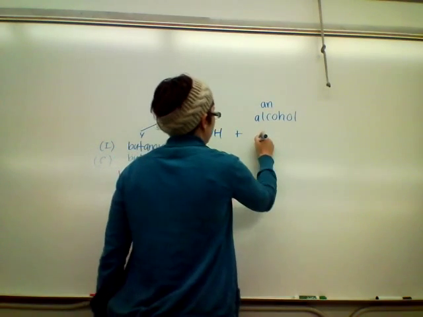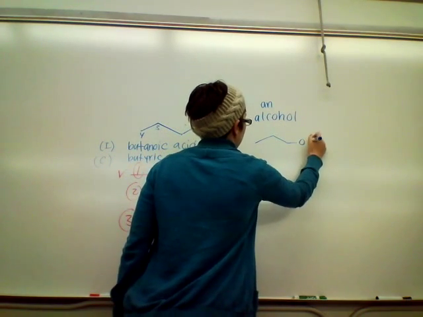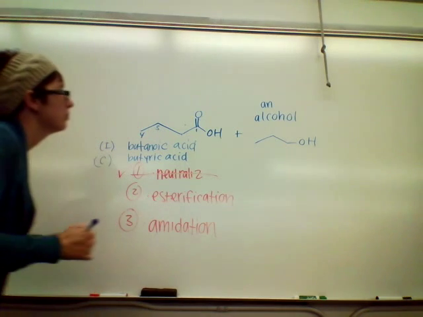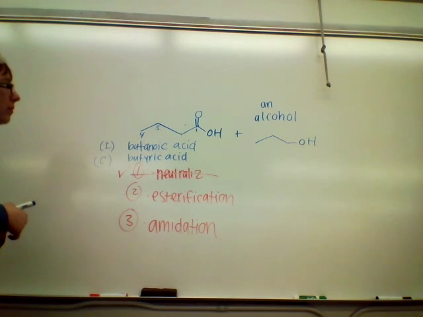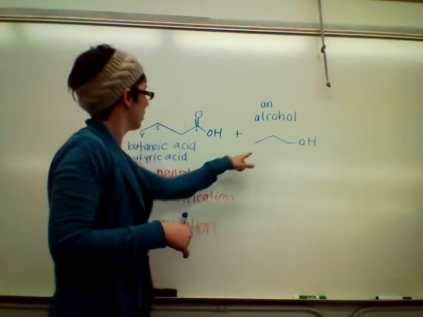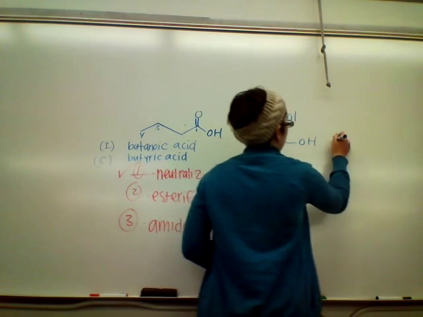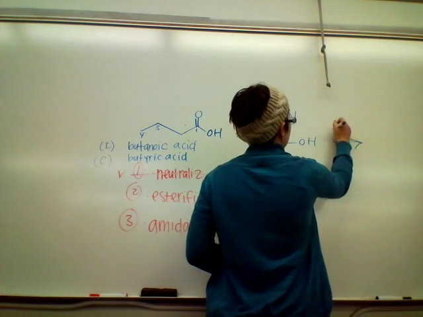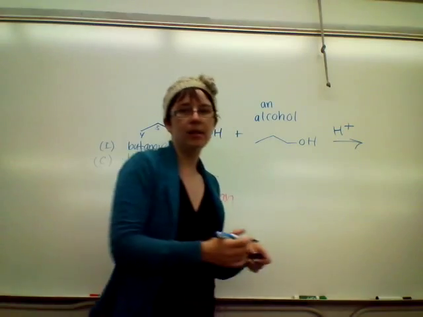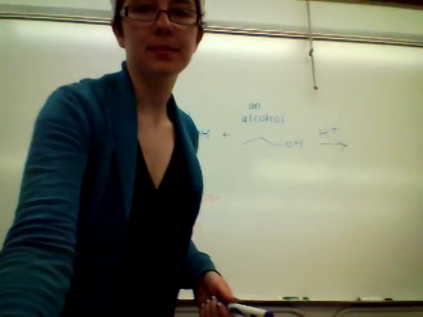I'll use propanol for this. So for this, what's happening is, again, you're going to be making water. And the catalyst for esterification is acid, presence of acid. You get this.